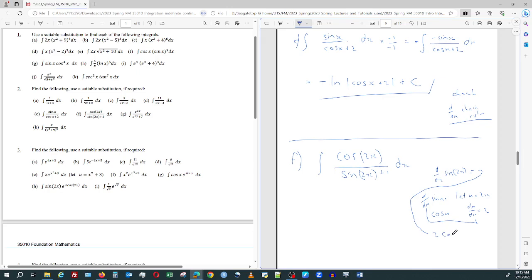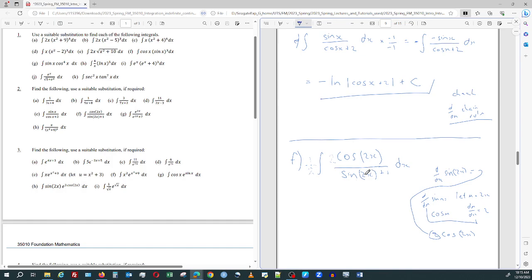This is where a student can make a mistake, because cos 2x is close, but it's not there. The d dx of sine 2x. So what's missing? The 2. So we need a 2 up here. So the way that we implement the 2 is we do it in our mind's eye. So I'm really taking shortcuts now, aren't I?